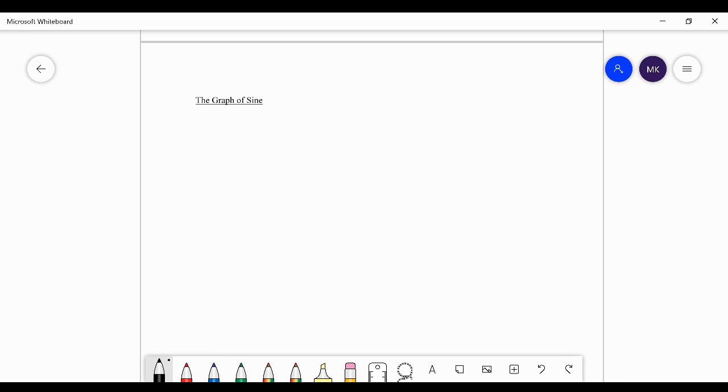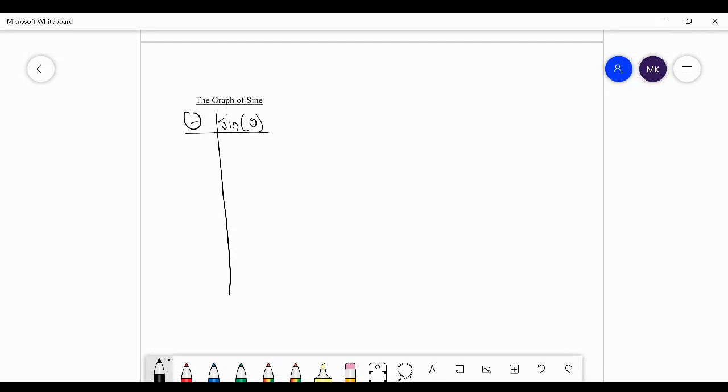Okay. But before we get to our calculators, I want to just create a table. I don't like t because this is angles, so we'll have our angle theta, and then we'll have sine of theta.